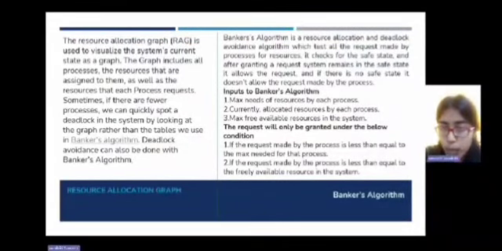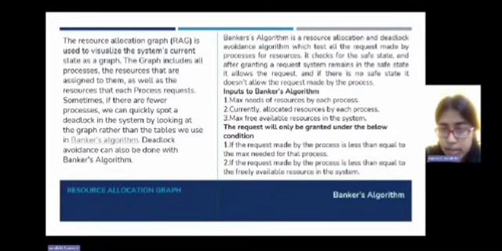Input to Banker's algorithm. First one is the maximum need of resource by each process. Second, the currently allocated resource by each process. Third is the maximum free available resource in the system.